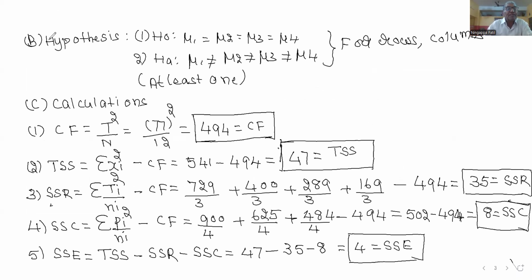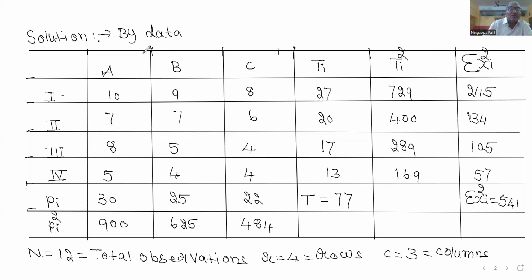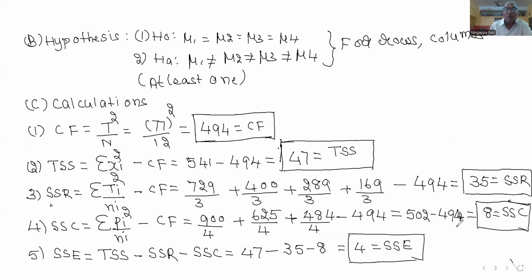Next, the calculation. Hypothesis. First, you state the hypothesis. Look here, hypothesis 1, H0, the null hypothesis. Now, here 3 columns are there, 4 rows are there. Whichever is maximum, you take that, then 4. Therefore, you take M1 equal to M2 equal to M3 equal to M4.